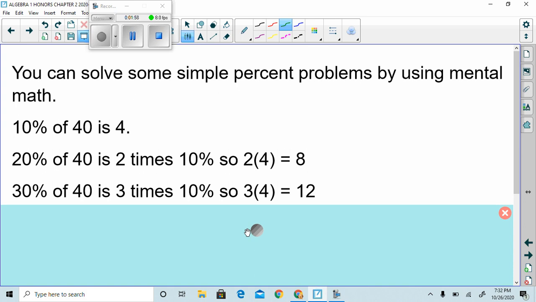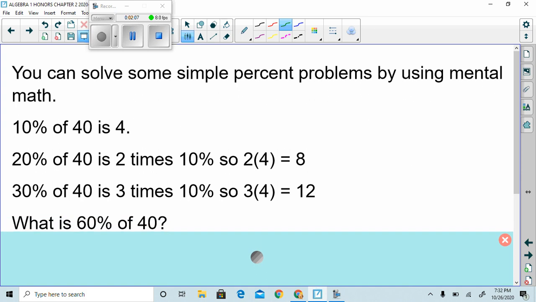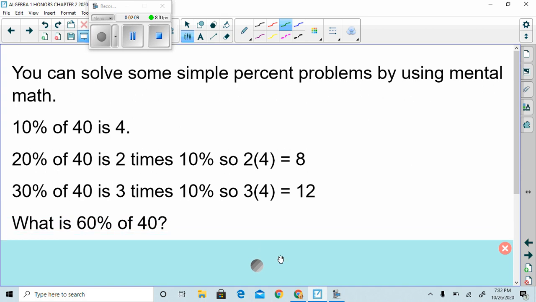Well, 3 times the 10%, which was 4, will be 12. I hope you're starting to recognize a pattern here. So let's jump to what is 60% of 40. We already know that 10% is 4, so 6 times 4 will give us 24.